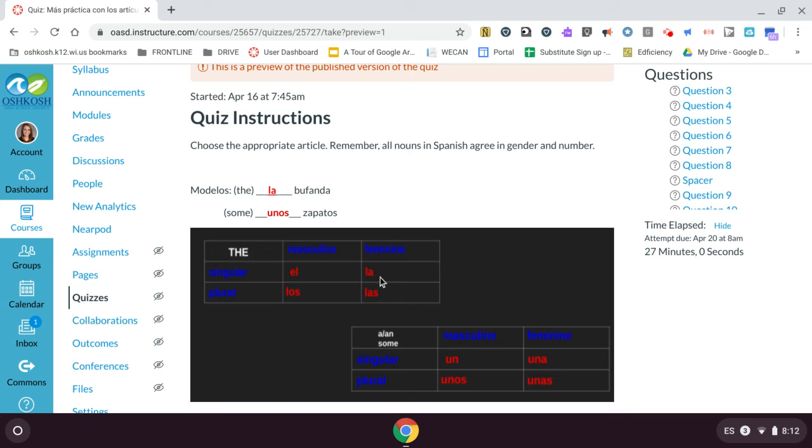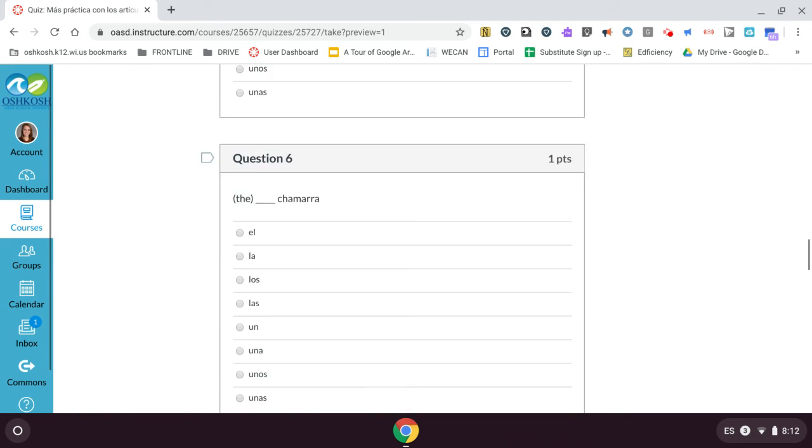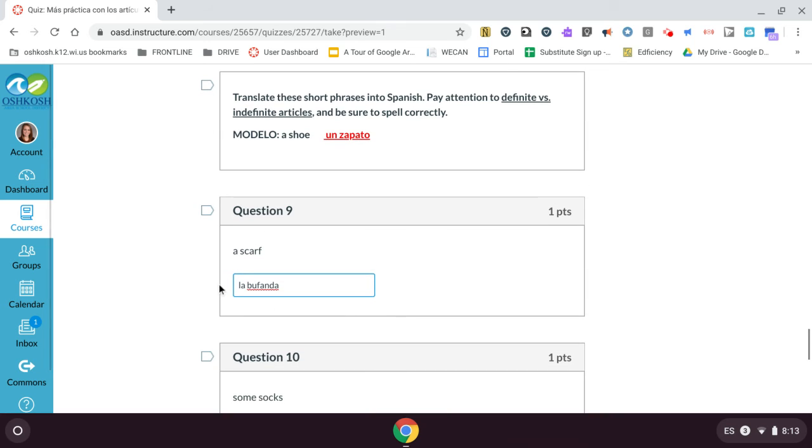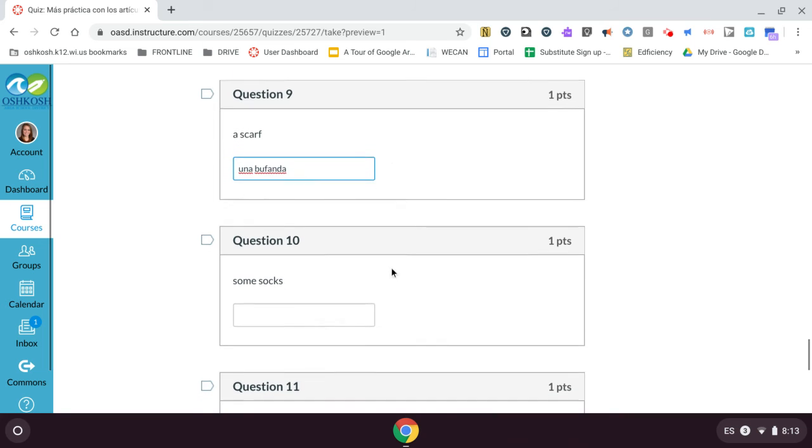So instead of saying the scarf, we need to change it to say a scarf. So if it's normally la, a feminine and singular word, all you need to do is, what is the feminine singular way of saying a? So instead of saying la bufanda, you are going to change it to say una bufanda.